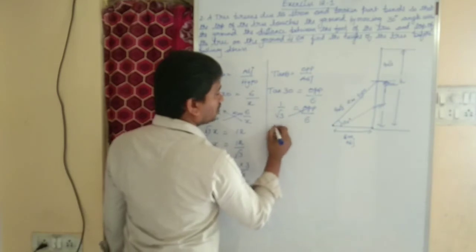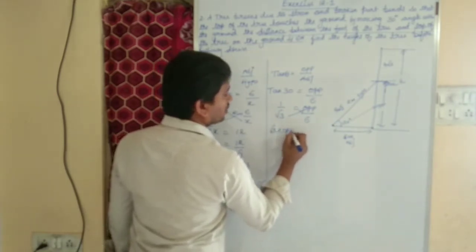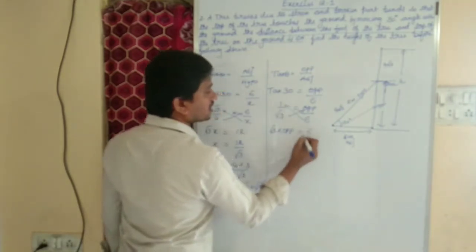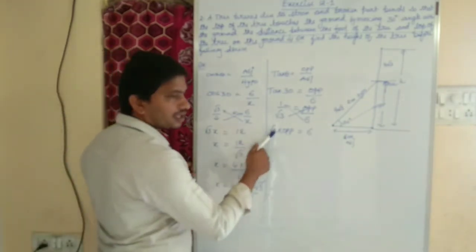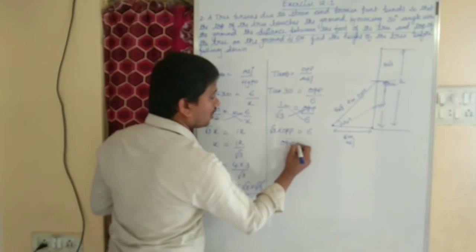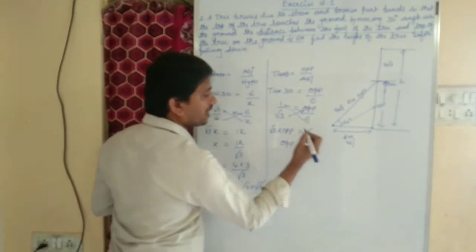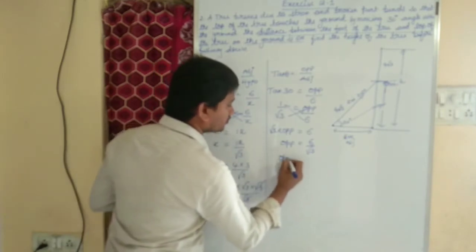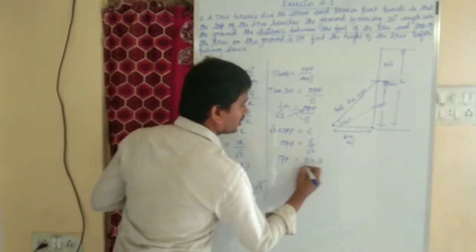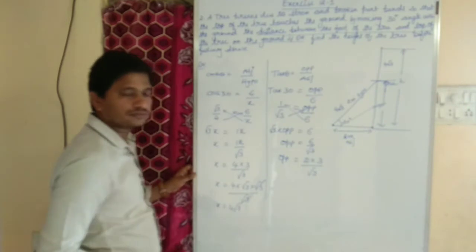So root 3 into opposite equals 1 into 6, that is equal to 6. As root 3 is multiplying here, if you transpose, opposite equals 6 by root 3. So 6 I can write as 2 into 3 by root 3.